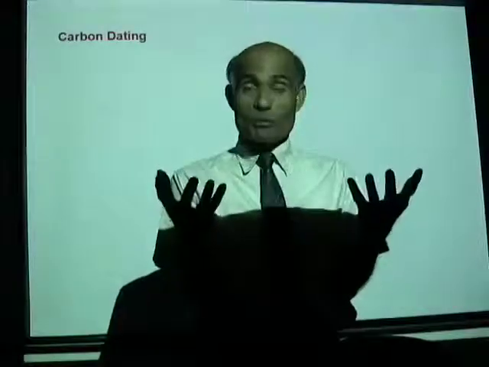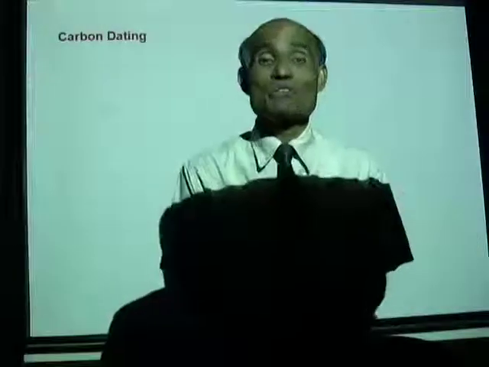We can use the principle of radioactivity to do that, and that is carbon dating. We saw some time ago that carbon has many isotopes. Carbon-12, which is the normal carbon, is a stable isotope of carbon, whereas carbon-14 is radioactive. It eventually disintegrates to become nitrogen.